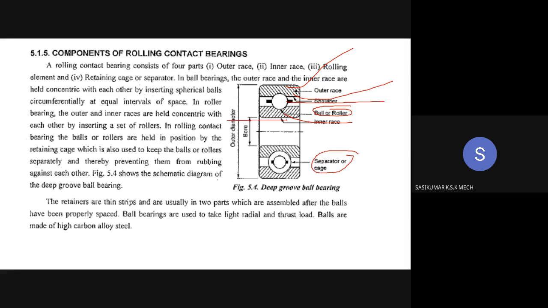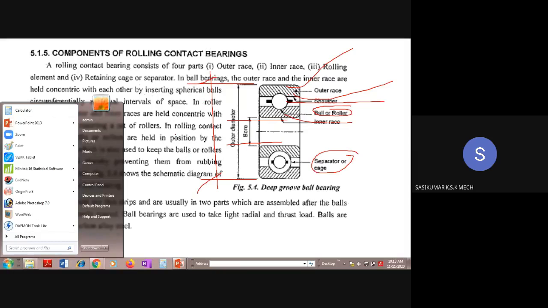This side will have contact with the shaft, and this side will have contact with the base, such as a pedestal, where it is to be held in position. These are all the components of a ball bearing.